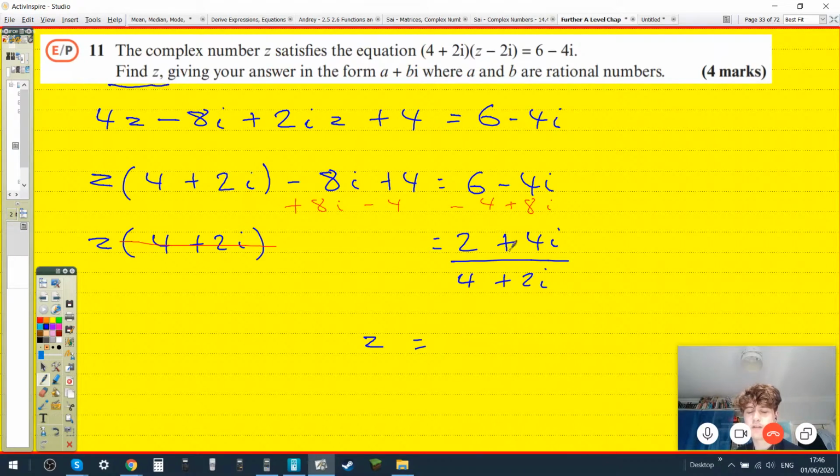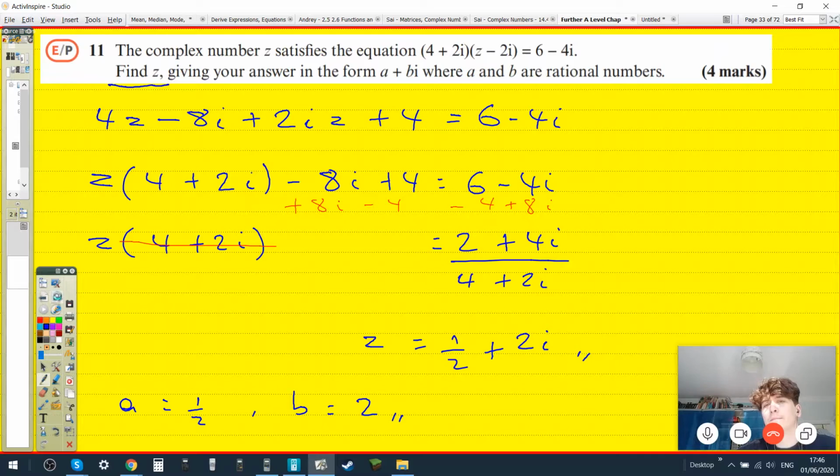So a half plus 2i. Z equals a half, and then a equals a half, b equals 2. Yep, that's it. Any questions there? No. That's very good.